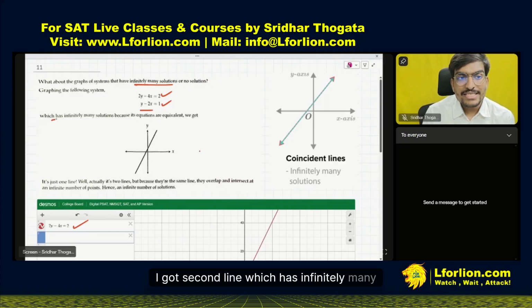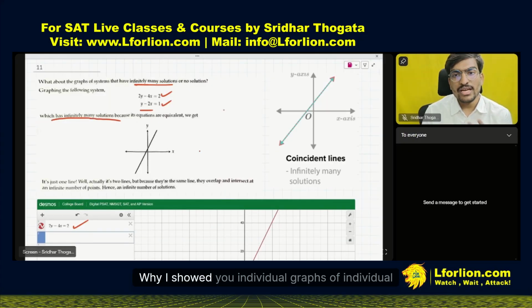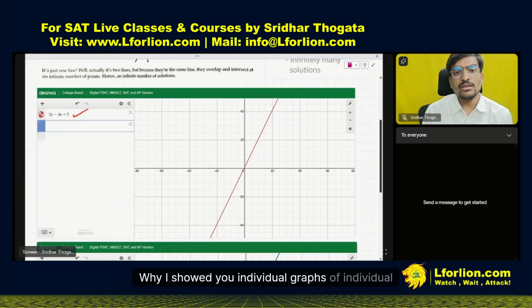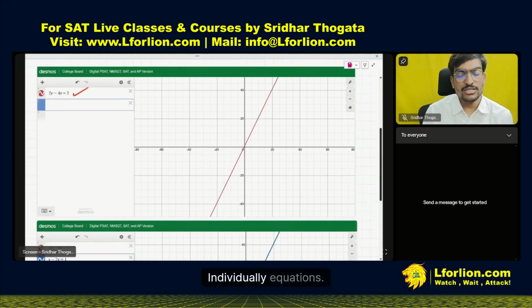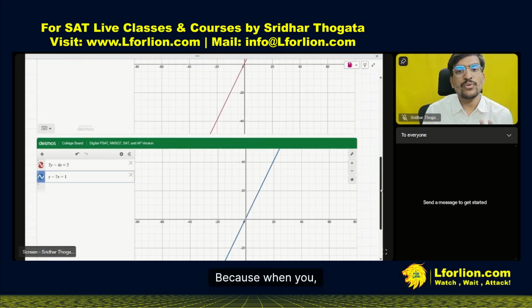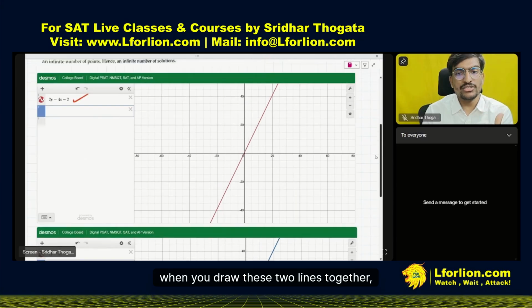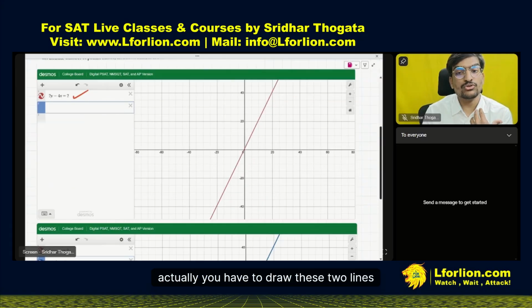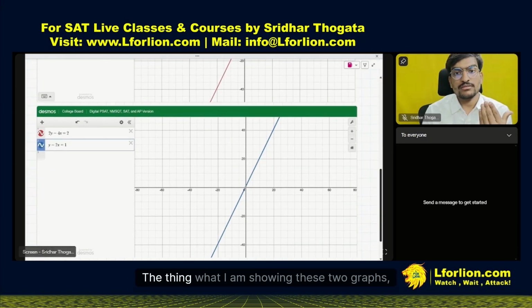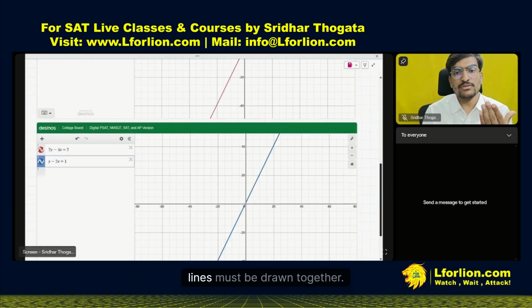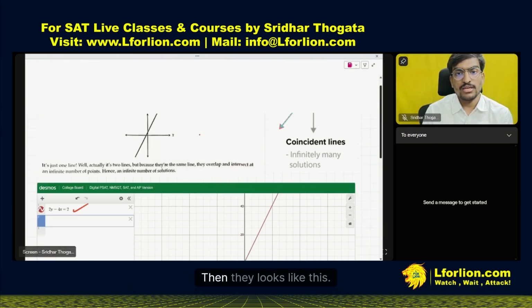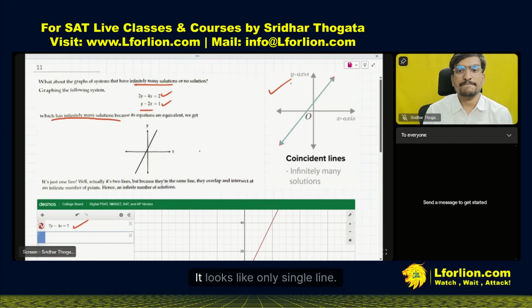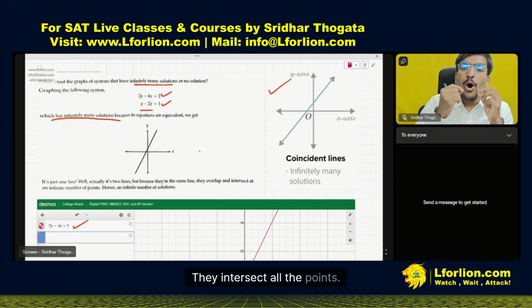Why I showed you individual graphs of each equation is because you actually have to draw these two lines together. The lines must be drawn together, then they look like this. They look like only a single line. They intersect at all the points.